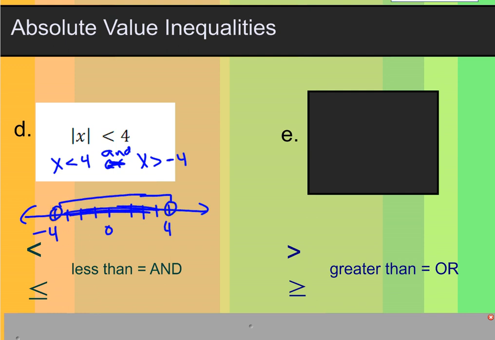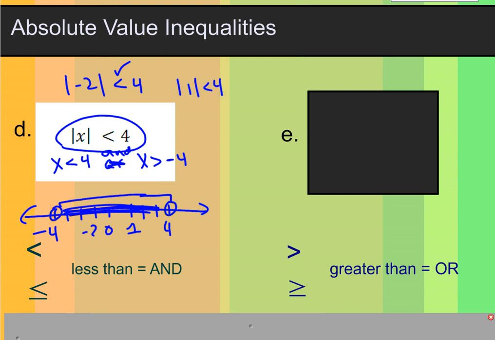So you're going to be in between here. This is all the numbers that fit this category, so you can even test them. Does -2 work, and does 1 work? Well, is the absolute value of -2 less than 4? Yeah, that checks out. Is the absolute value of 1 less than 4? Yeah, that checks out.